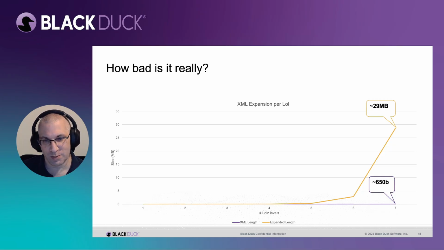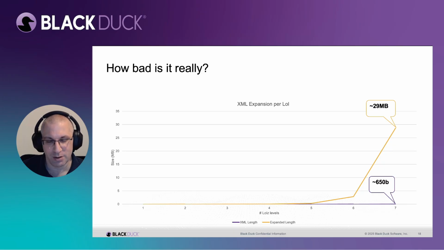With 6 lol levels, it's about 3.5, 4 megs. 7 lol levels, the text itself takes about 650 bytes, but expands to 30 megs in memory. 8 lol levels already kicks up to a gigabyte. I haven't graphed it out because I didn't have the space.